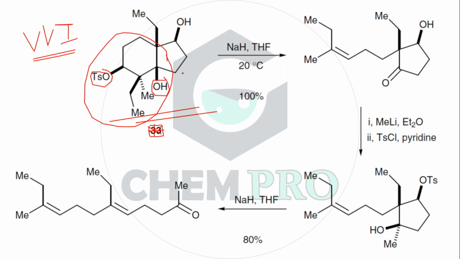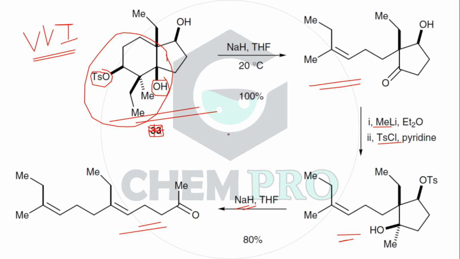Okay, so in this part the Grob fragmentation will occur, and we get this product, and after using MeLi and TsCl pyridine, we can get this product, and after using NaH, we can get this product.